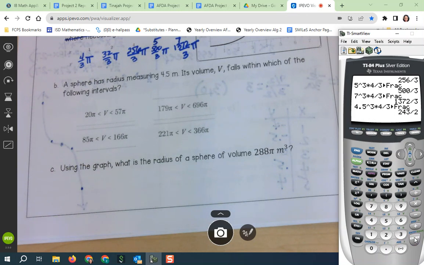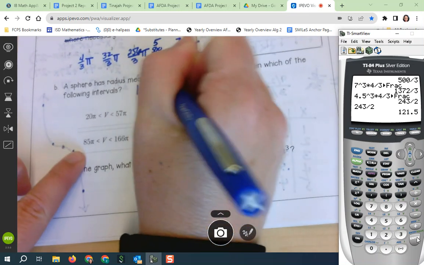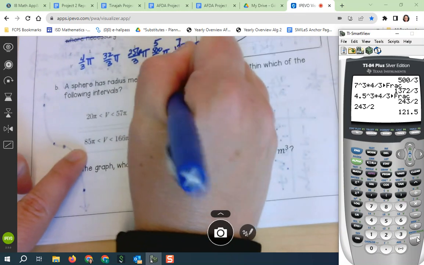Okay, so I get 243 over 2 pi. Actually, I think I want that not as a fraction. All right, I get 121.5 pi. Can you guys see which interval that's in? This one, right? Yeah.